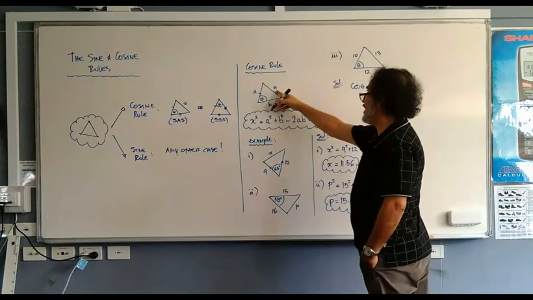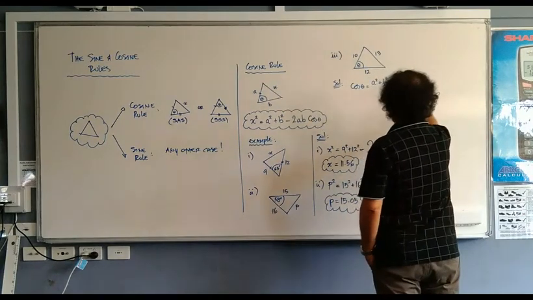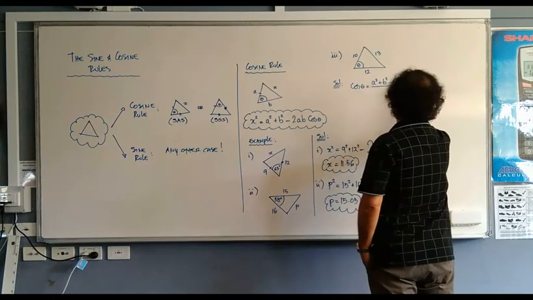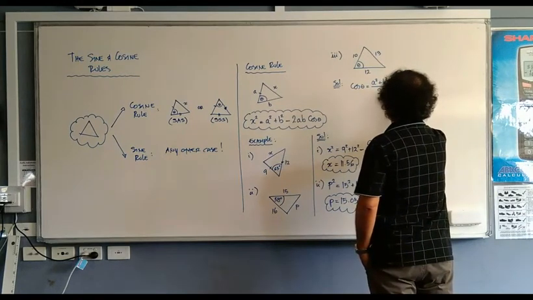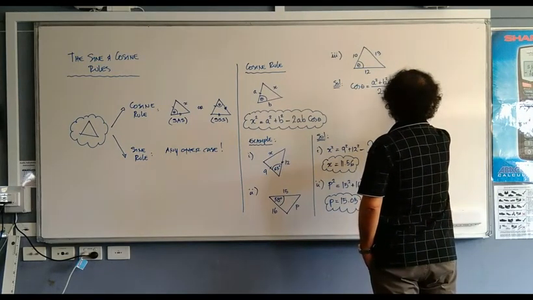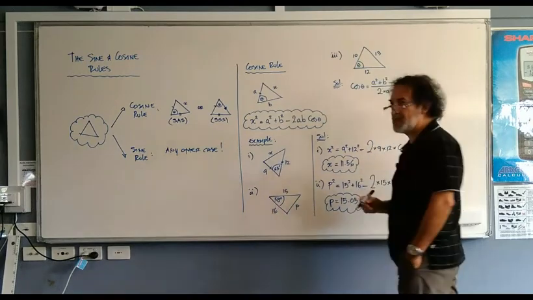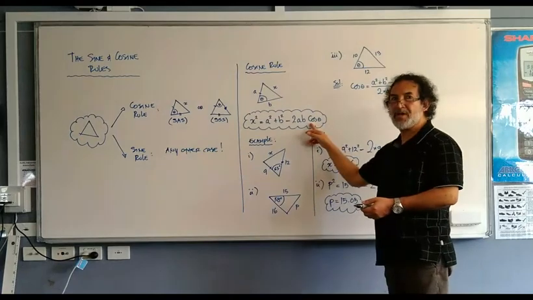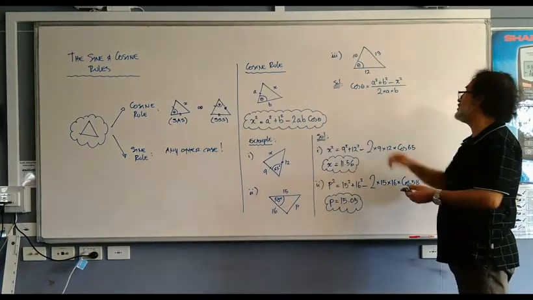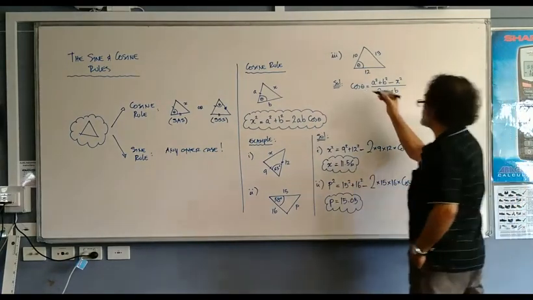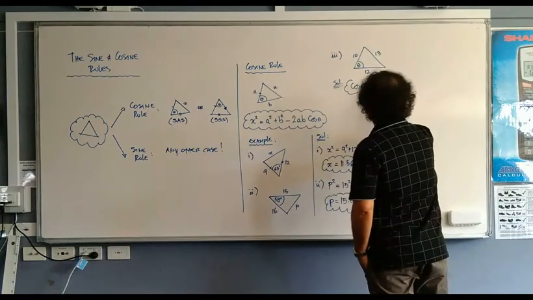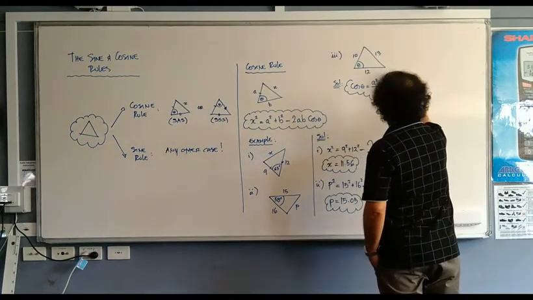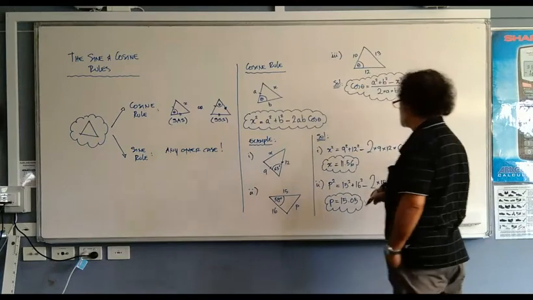So because we have x in here, we're going to say x squared, and then divided by 2 times a times b, or 2ab. Okay, so if you rearrange this formula, that is what you have. Okay, so we're not going to go through that because I believe that you know how to make the subject from some expression.